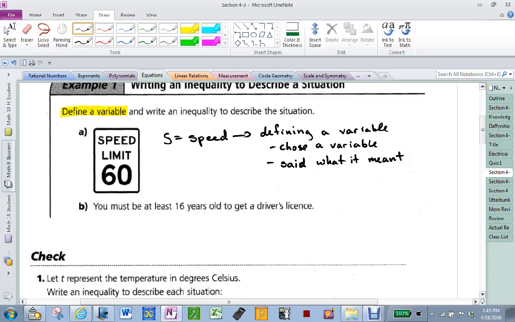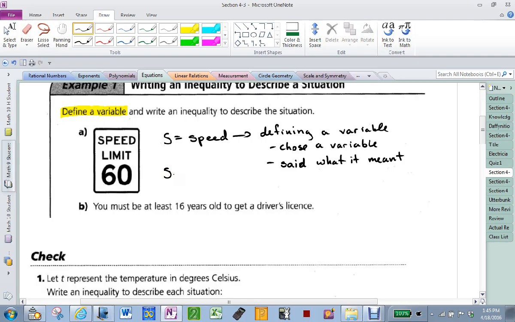When I get in my car and I drive, what is the one word for how fast I am going? It is a speed. Understand? And speed, when I get in my car, if I see that sign, must be what? A limit. It's limited to what? The amount of 60.